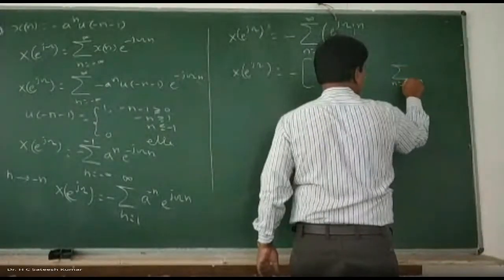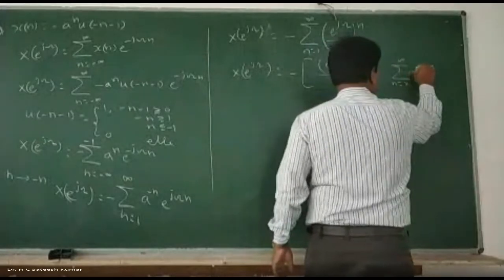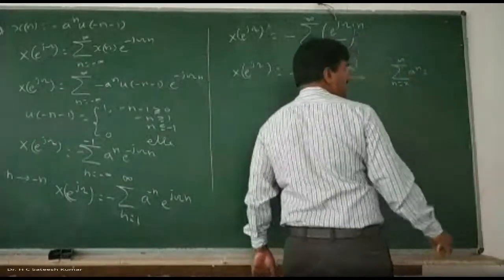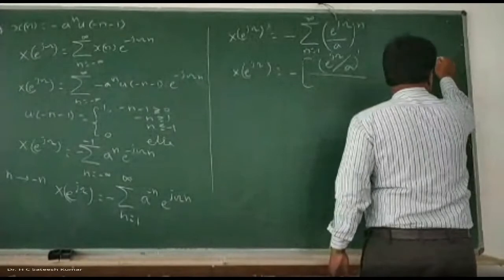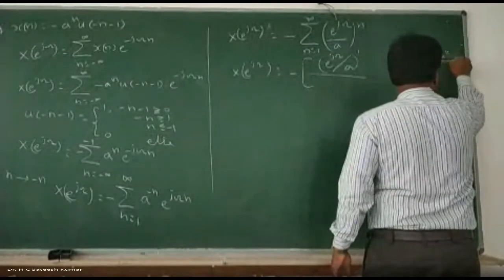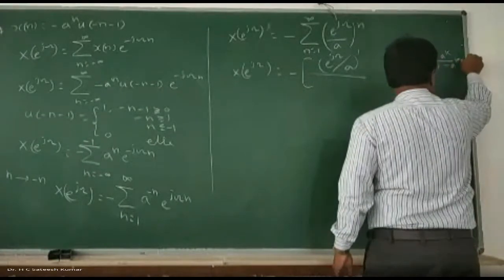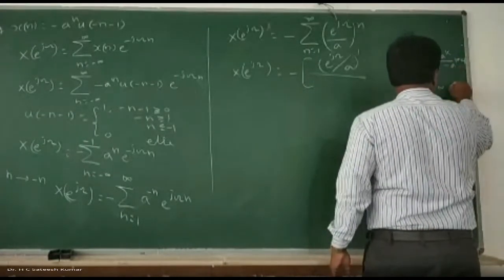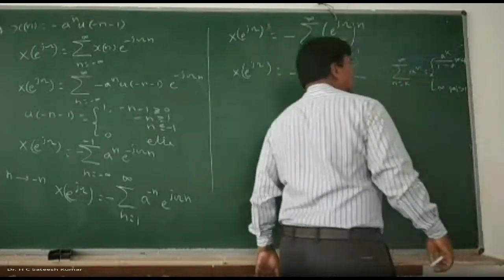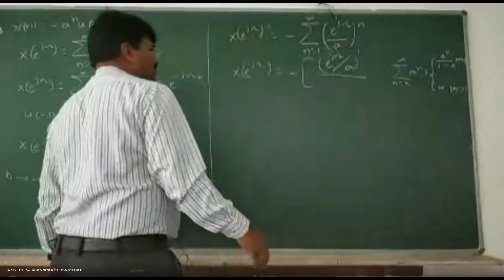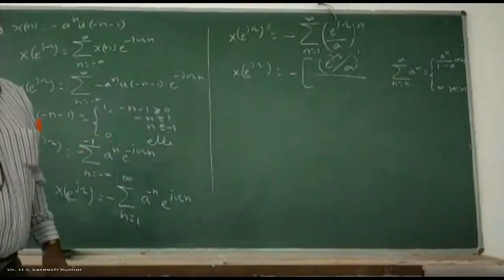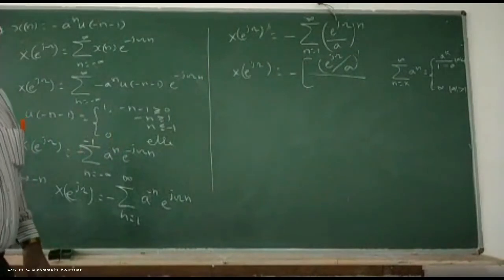Summation n varies from k to infinity a power n is equal to a power k divided by 1 minus a, provided magnitude of a is less than 1. It is equal to infinity if magnitude of a is greater than 1. That's what the relation is. You can check it out in the first module. I have done that one. You go through that. Okay, right.